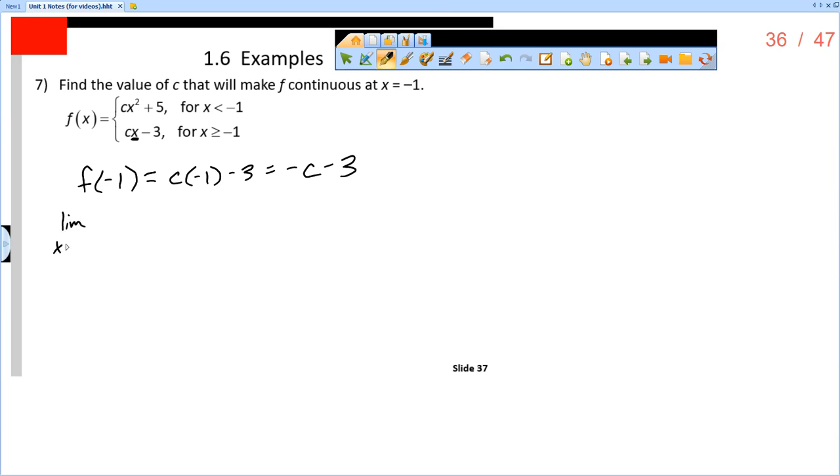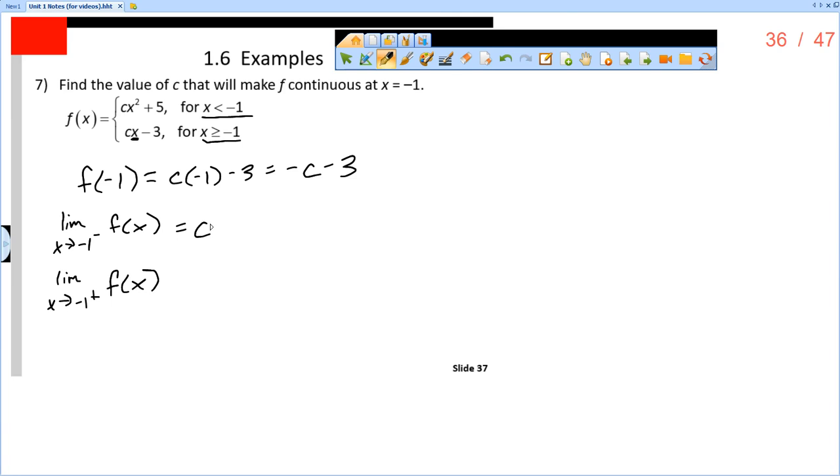Now we need to evaluate the limit as x approaches -1. But now when we look at it, remember we have x less than -1, x greater than or equal to -1. And so now we're going to evaluate the limit from the left of f of x, and then the limit as x approaches -1 from the right of f of x. So limit as x approaches -1 from the left. Well, the top piece is immediately to the left of -1.